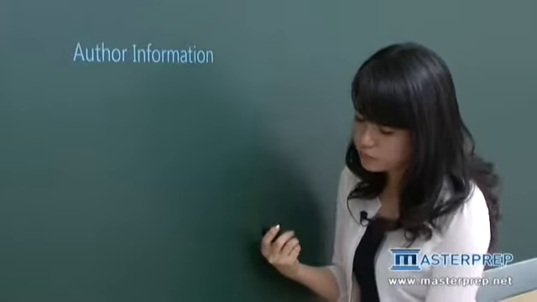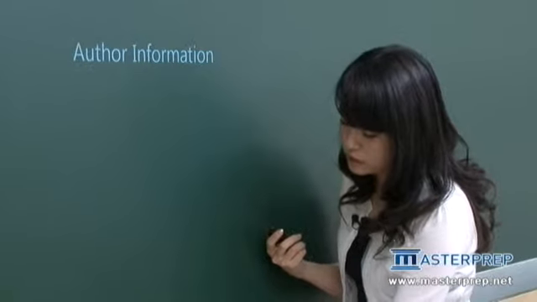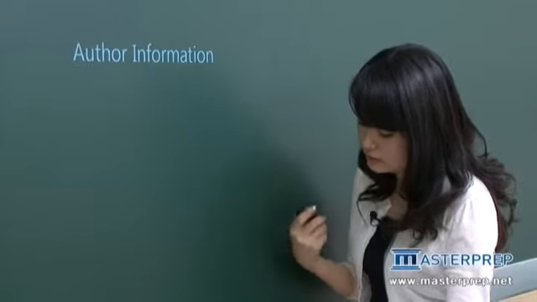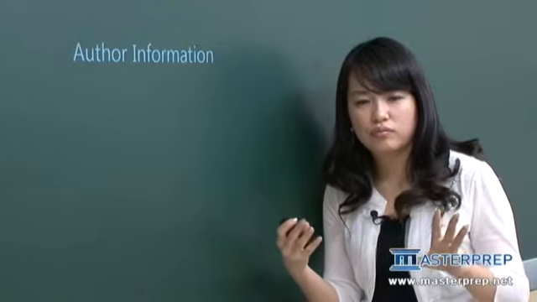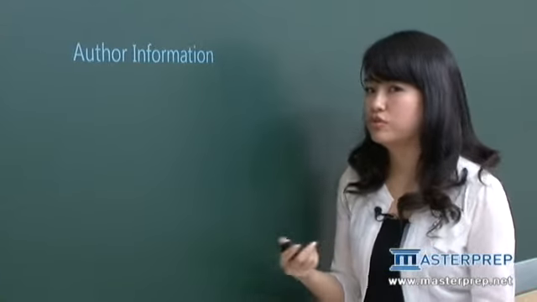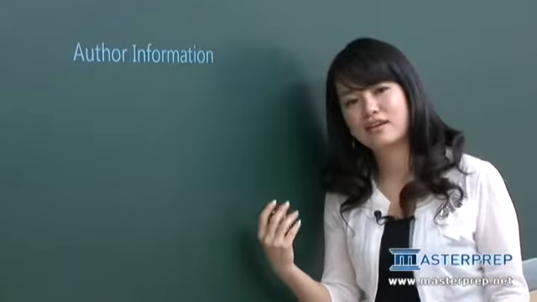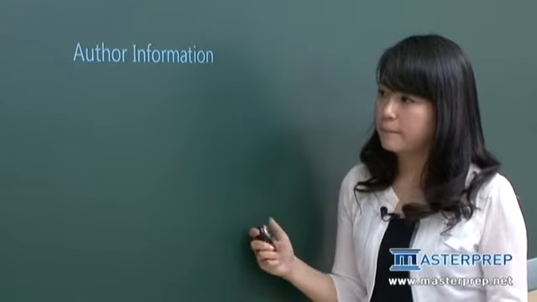Author information. We have some important author information to make sure that you are following along with the mindset of the author as he was writing it. In this case, it's a he, right?